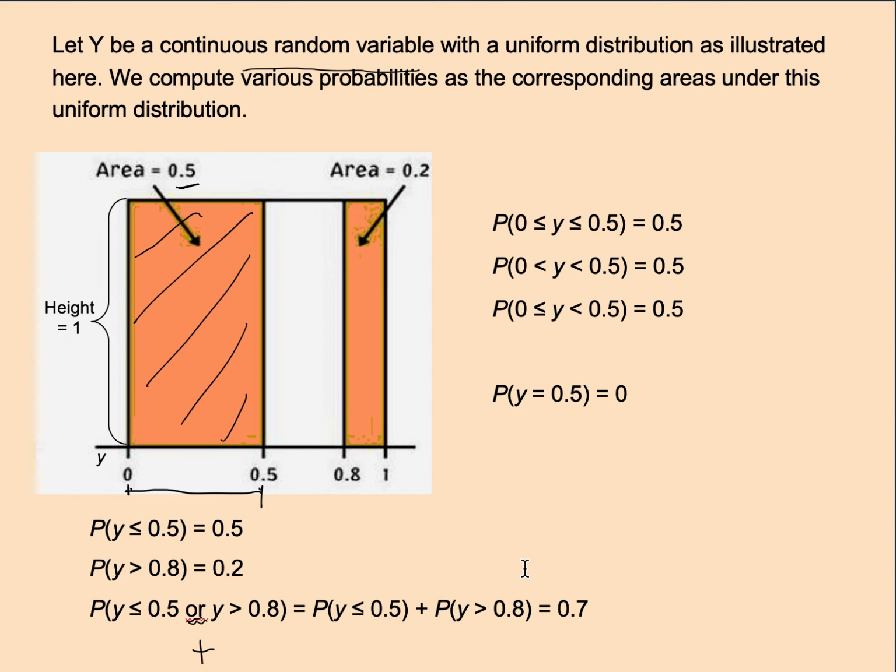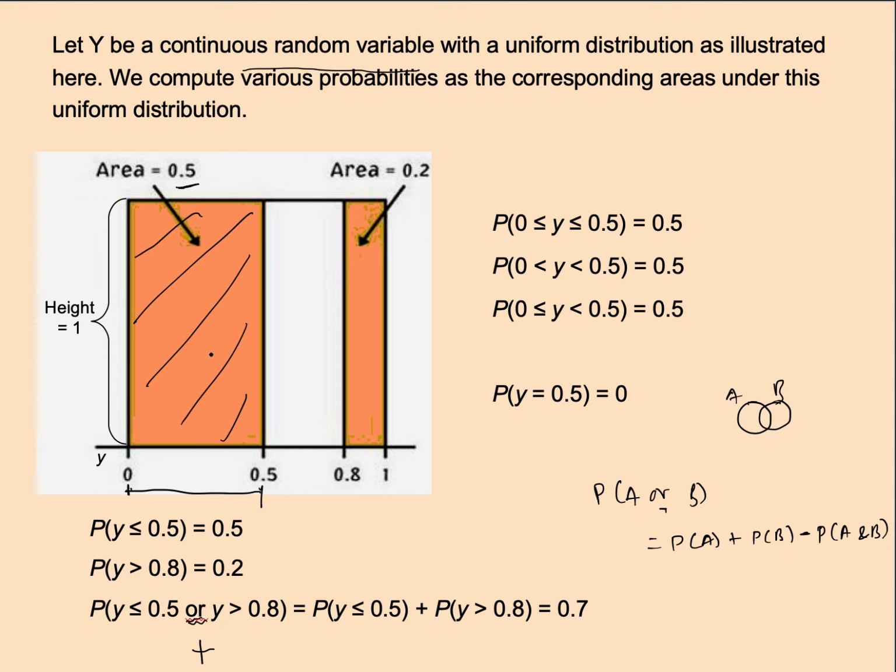But we have to know whether these events are independent, disjoint, or non-disjoint, because as a general rule, the probability of A or B equals the probability of A plus the probability of B, and we subtract the intersection of the two events, the probability of A and B. That's the general rule.